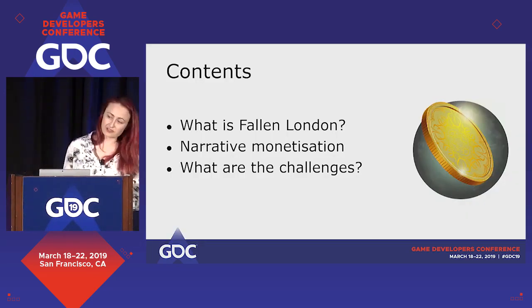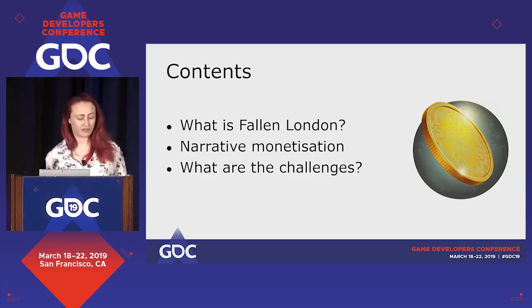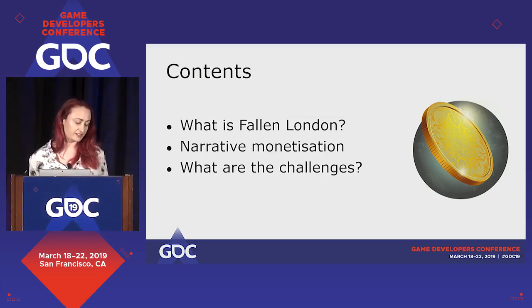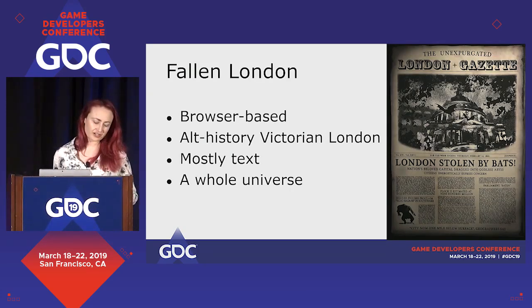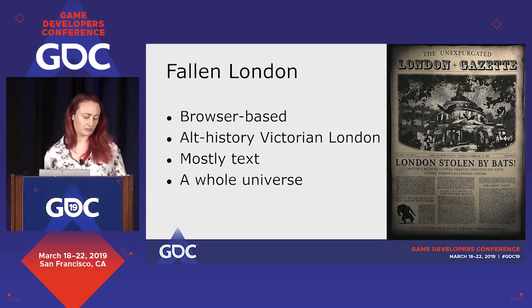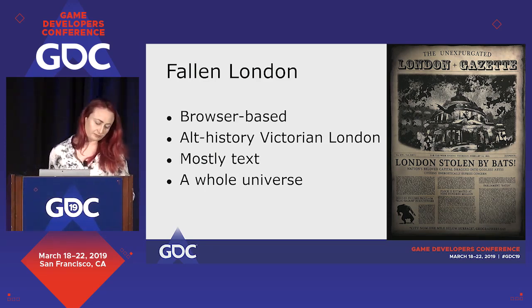To explain how we monetized Fallen London and the challenges we face in running it, I'll need to explain its design. In Fallen London, London has been dragged underground into a world where death isn't permanent, cats can talk, and ominous space bats are de facto rulers of the city. It's a world of light horror and dark humor.